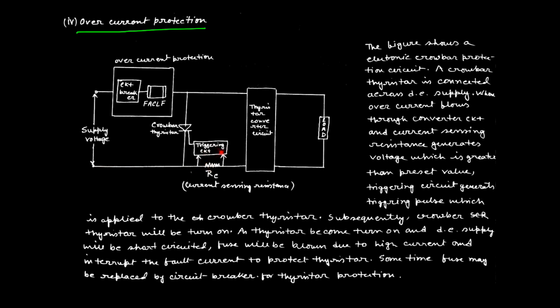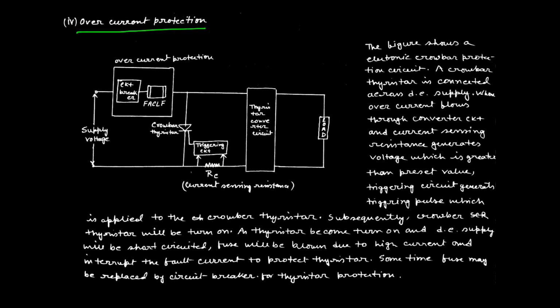So, the property of the current sensing resistance: when the fault current starts flowing through the circuit, it can provide some amount of voltage. This current sensing resistance, which stands for RC, is specified for a specific value of volt per current, that means it can identify how much current is flowing through the circuit.